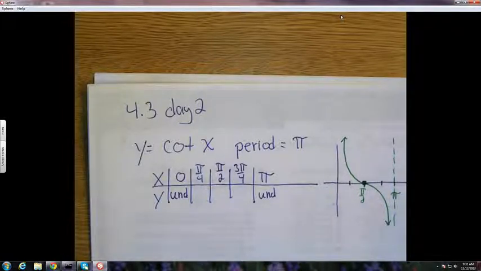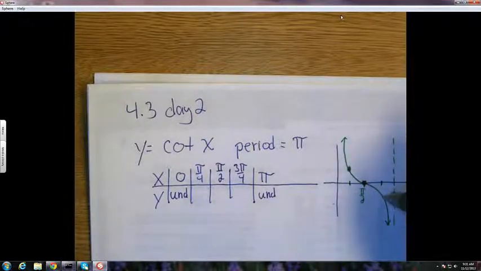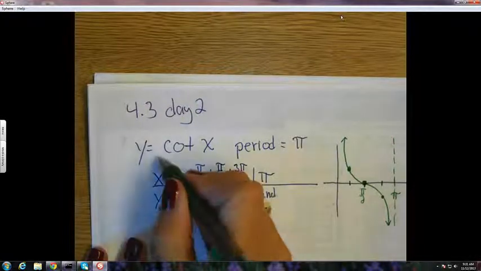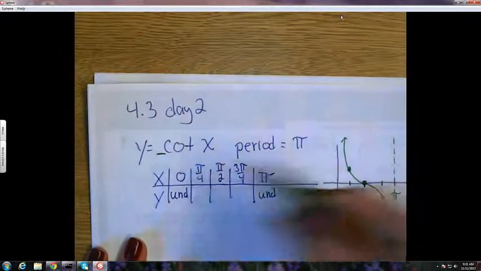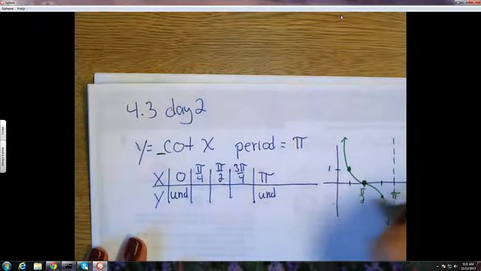Okay, the critical points here and here match our old amplitude number. Where does amplitude come from on the other functions? The multiplier out here. That's true here. That amplitude number comes into play right there.